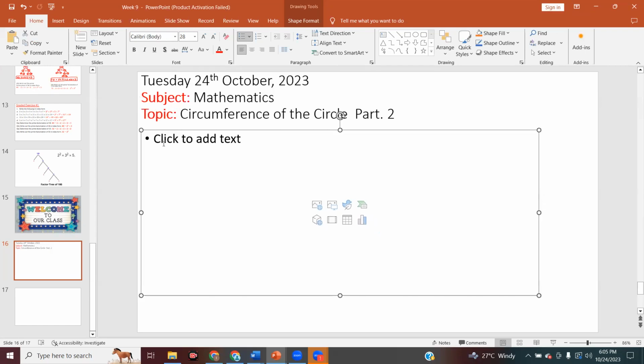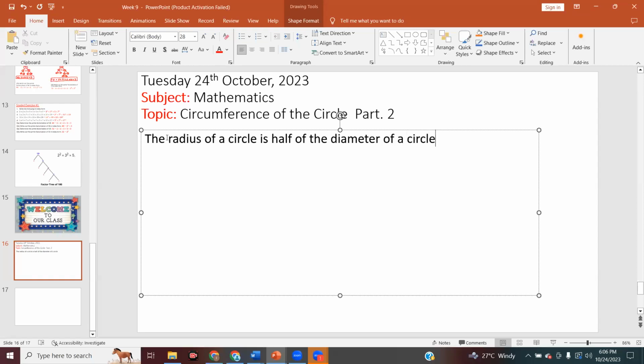So the radius of a circle is half of the diameter of a circle. If you want to figure out the radius and we have the diameter, what we have to do is halve it. So the radius is half of the diameter of a circle.